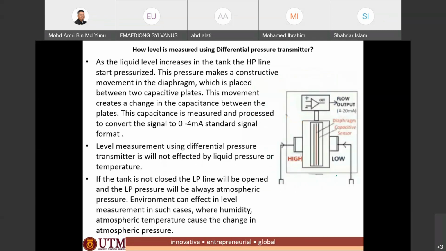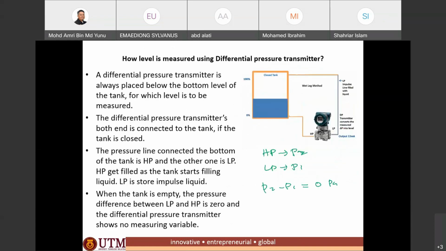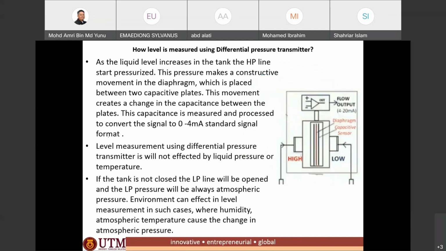And this is what is inside the differential pressure transmitter. They have a diaphragm capacitive sensor, basically, and there are two parts of the chamber.